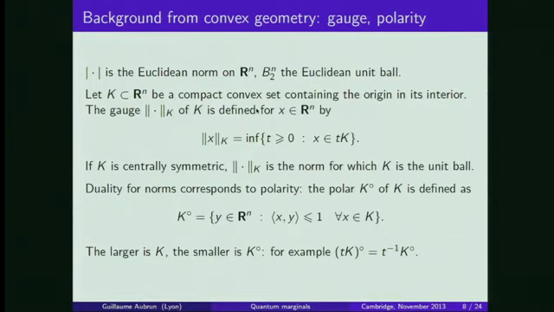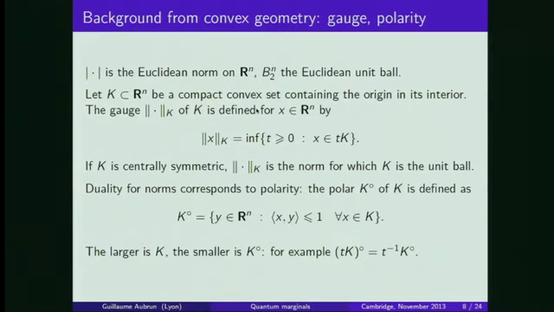Okay, so I promised you some background from convex geometry, so let me introduce this classical fact. The single bar denotes the Euclidean norm on R^n, and B_2^n will be the Euclidean unit ball. Now, if I have any compact convex set K which contains 0 in the interior, I can define what we call the gauge of K, which is somehow like a norm.